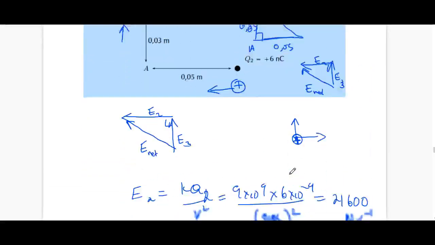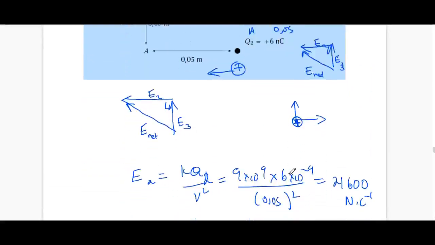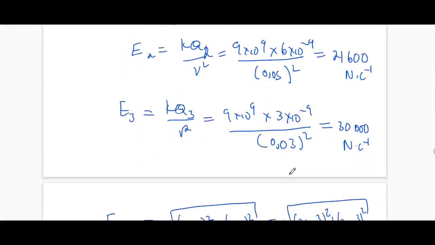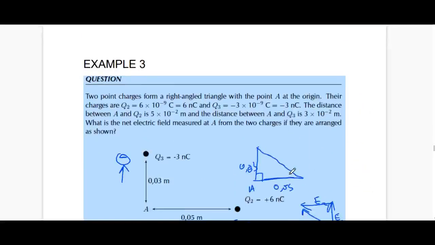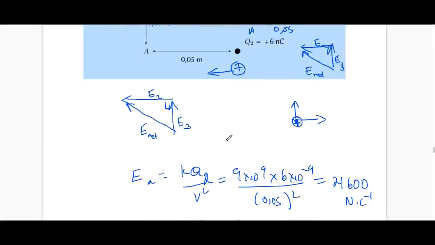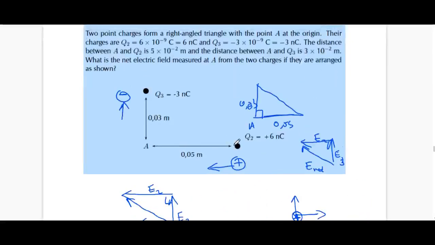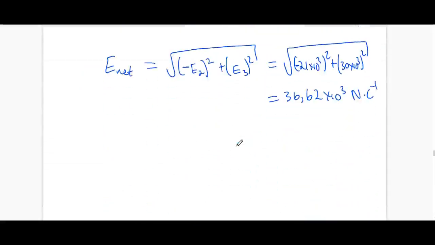Now, they did not explicitly say that they want the magnitude, so it means they want the direction as well.